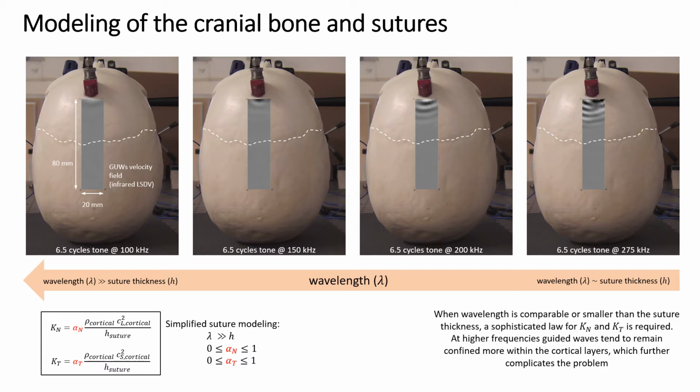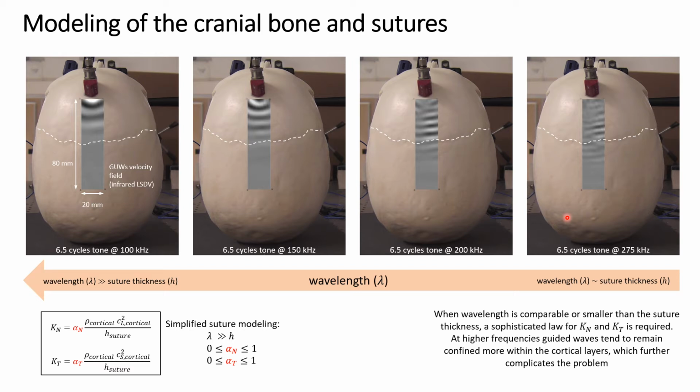The next step consists in choosing an appropriate law for the spring coefficients Kn and Kt, but any assumption that we make in this sense depends on the operative frequencies and wavelengths. For example, here you can see the variation of the wavelength of the A0 mode that we measure experimentally when we go from 275 kHz on the right to 100 kHz on the left.